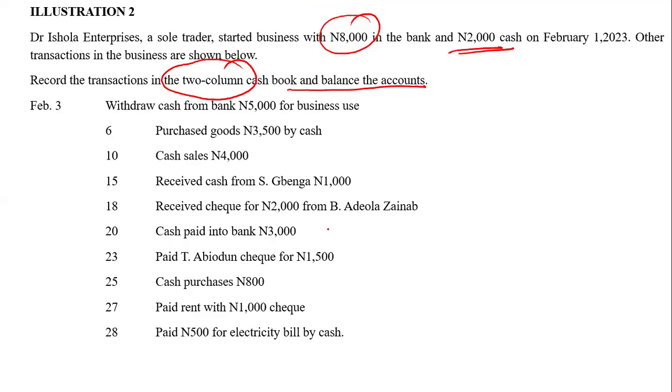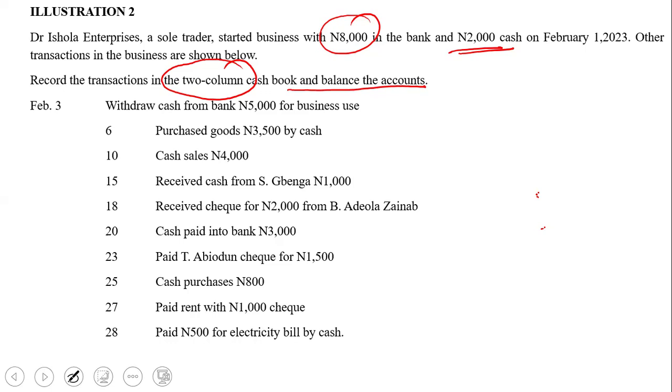We said purchase goods 3,500 by cash. So don't forget what we have said earlier. In cash, there's going to be debit. We have debit and we have what we call credit. And don't forget, from what we were taught earlier, that we have the receipt and the payment.